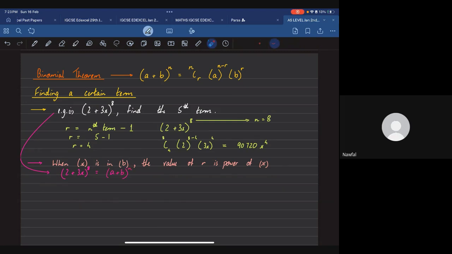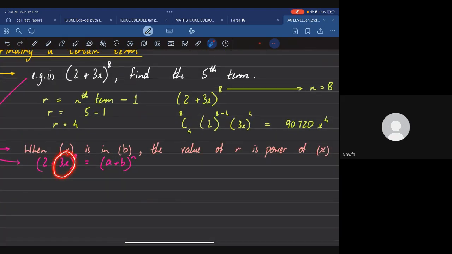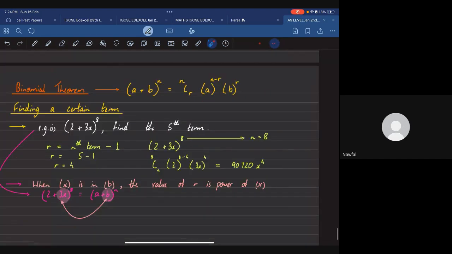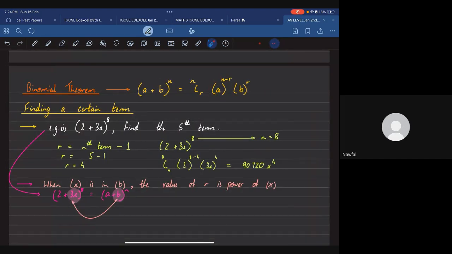So always remember one thing, that when 3x or any x term is acting as b, clear guys? That means the value of r is going to be the power of x. Obviously, because it's nCr, a raised to the power n minus r and b raised to the power r. So if x is equal to b, then whatever the value of r is, that is also going to be the power of x. Clear?